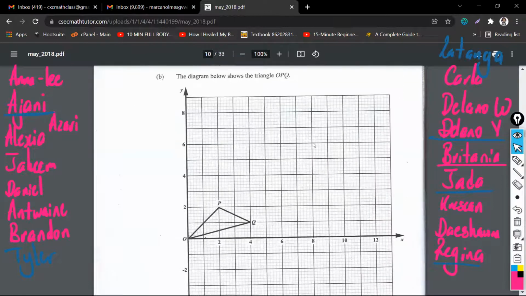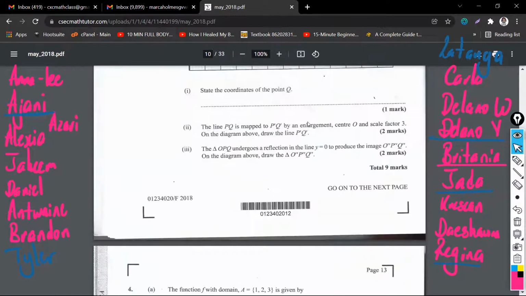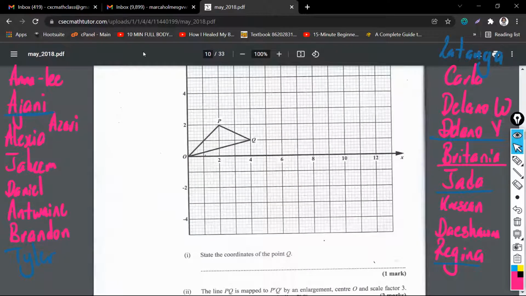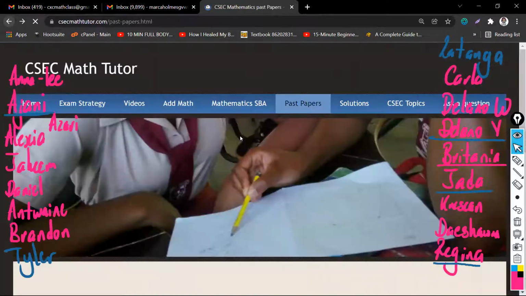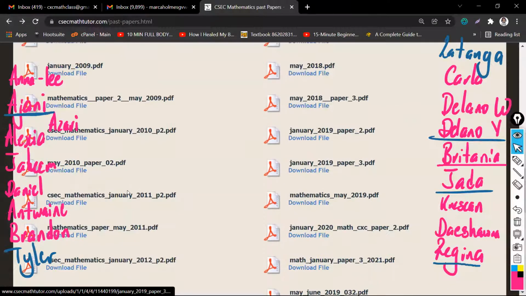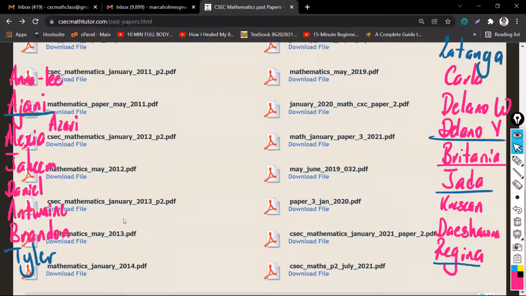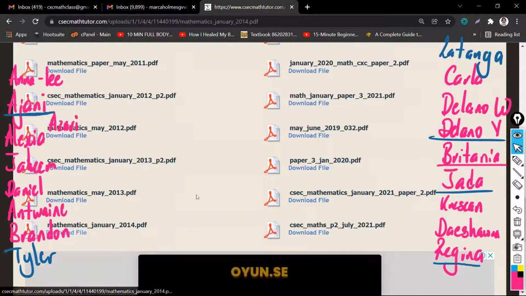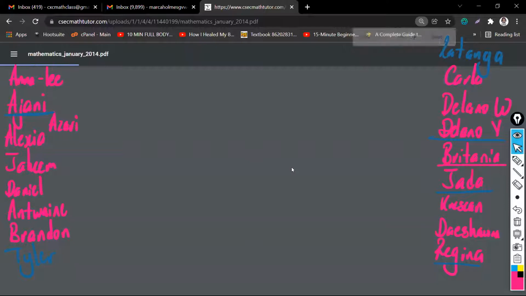All right, so here's another one now, guys. I think we did this one already though. Enlargement, reflection. No, there's no transformation. It's just an enlargement and a reflection. Let me go back to some older papers. 2014. Some old papers.